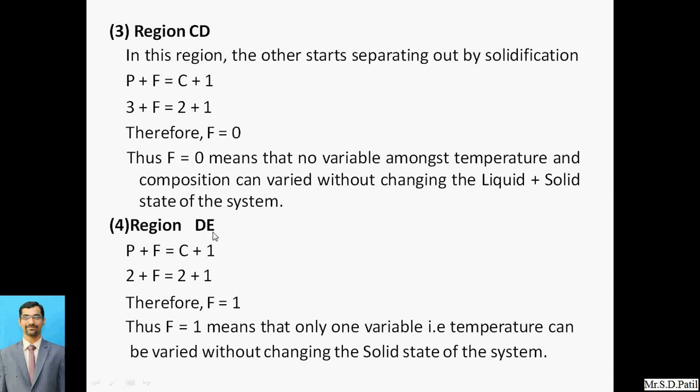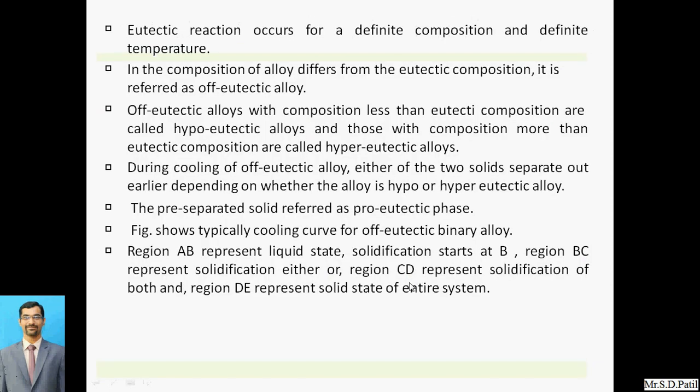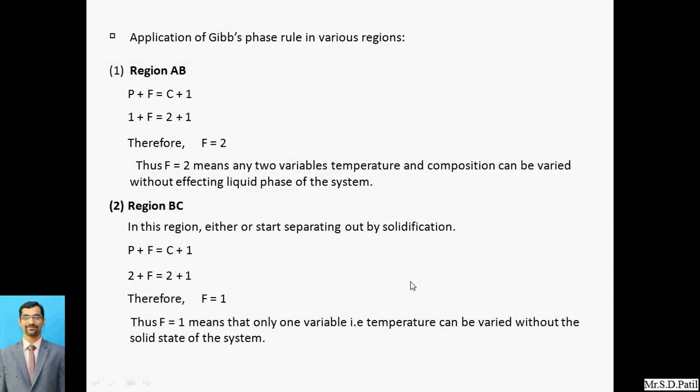And for the region DE, the phases are 2, that is 2 different solid states are there, and C is 2. So once again, we will go with this region DE. The phases are 2, that is S1 and S2. The liquid phase will not be there, but in the solid phase, 2 different solids are there, that is S1 and S2, because 2 different metals are there.